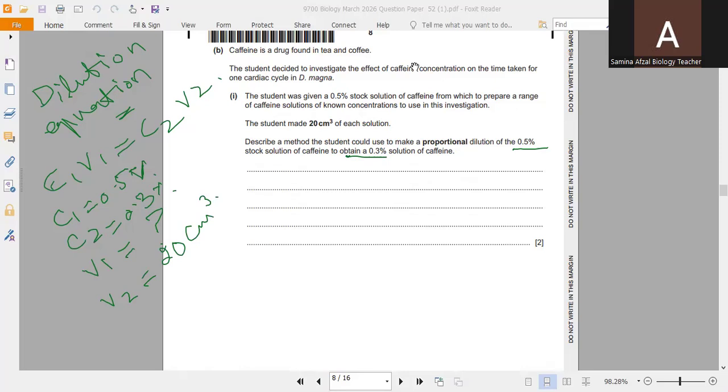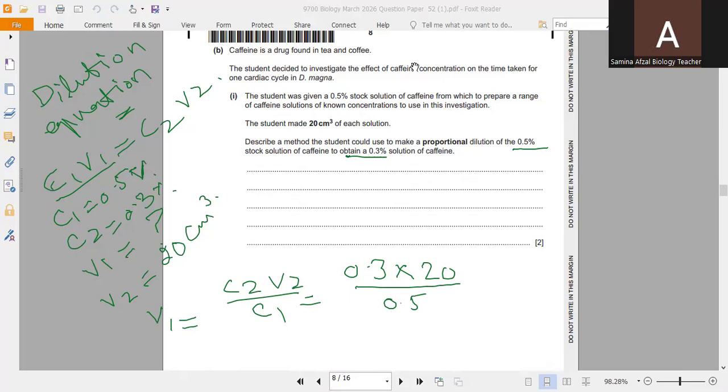Now we have to calculate this. So according to this formula, we have to calculate V1. So V1 will be equal to C2 V2 over C1. So C2 is 0.3 multiplied by the volume V2, which is 20, divided by 0.5, which is equal to 12 cubic centimeter.